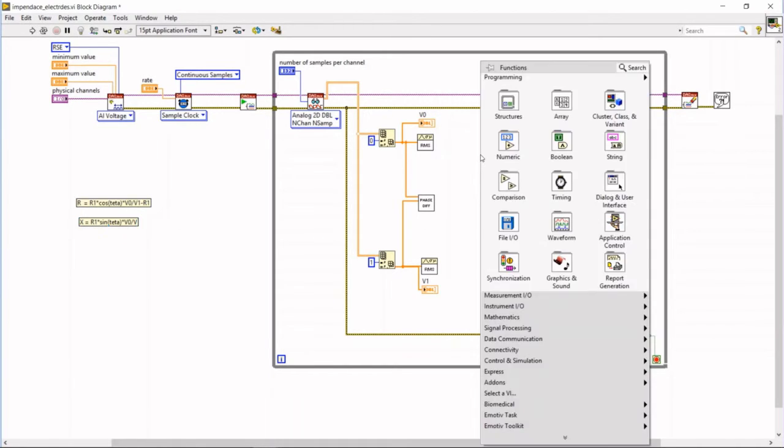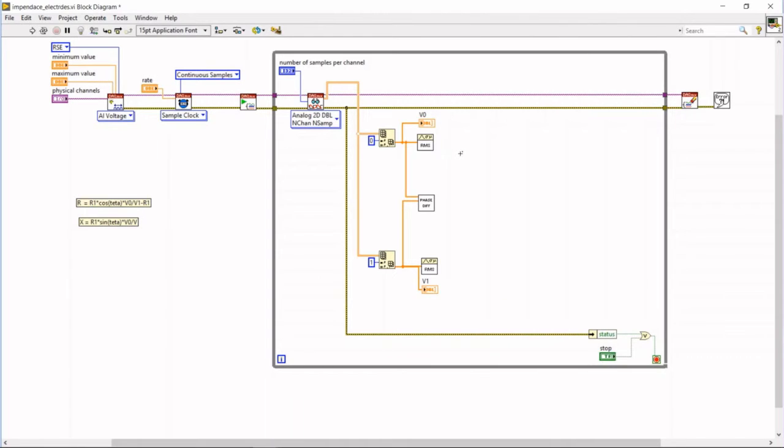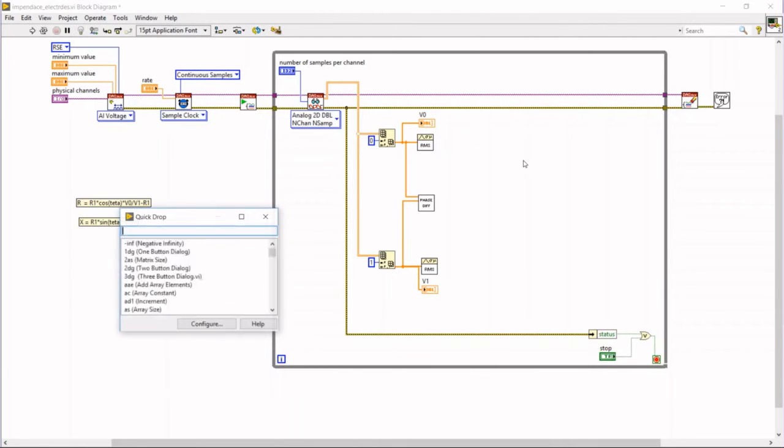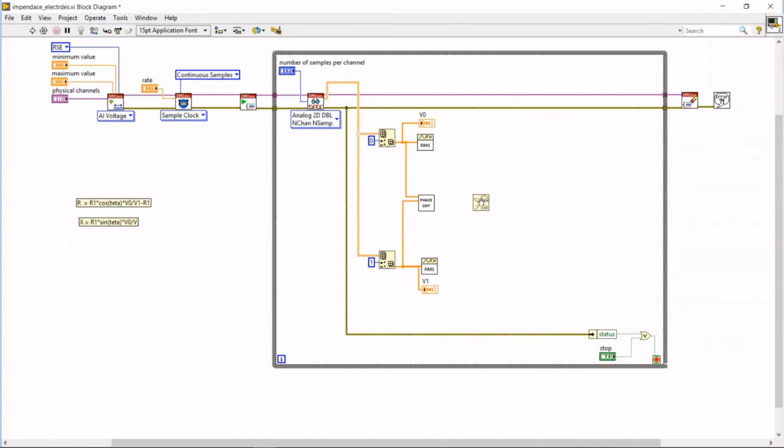So we're going to need, first of all, sine and cosine function for the phase difference, and the upper is sine function and the lower output is cosine function.